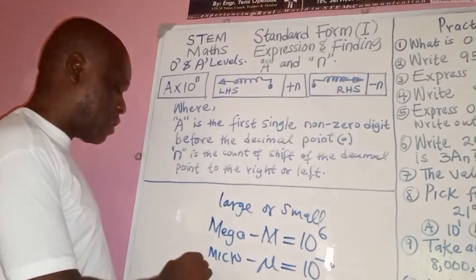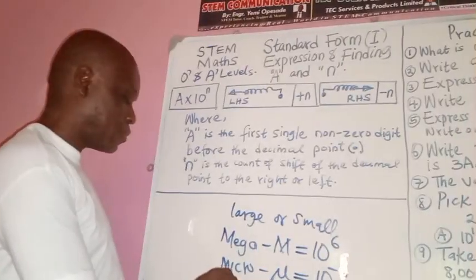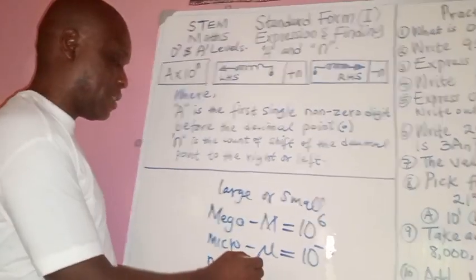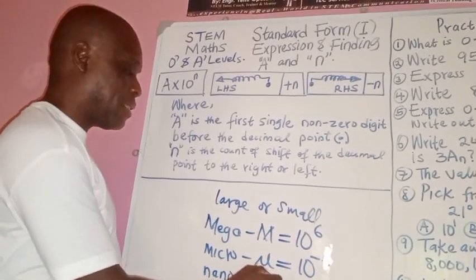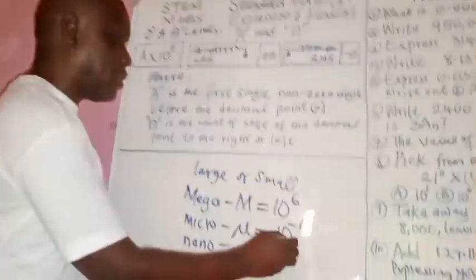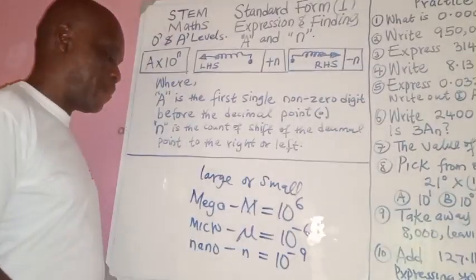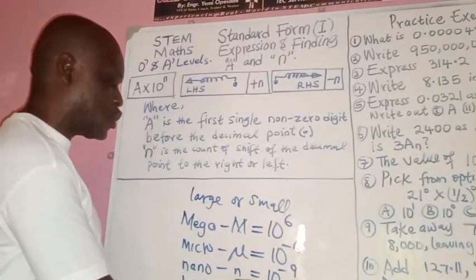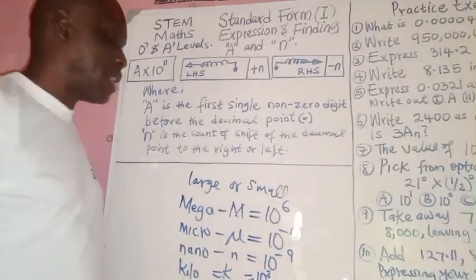You can have something like nano, that is exceedingly far smaller than micro. That is small n. Nano is 10 raised to the power minus 9. Then we have kilo. Kilo is a bit smaller than mega, that is 10 raised to the power 3, and so on and so forth.